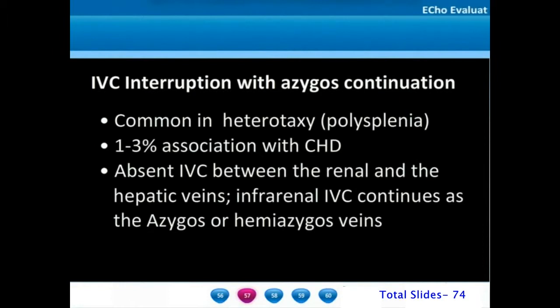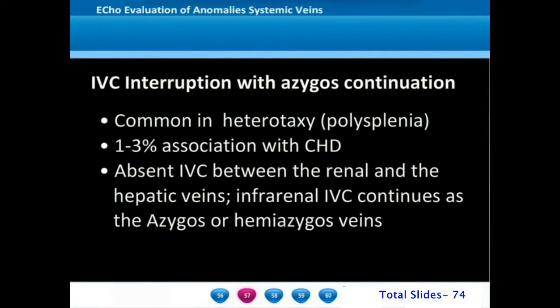Sometimes the inferior vena cava can get interrupted in the suprarenal portion, and the inferior vena cava may continue as the azygous vein towards the superior vena cava. This is commonly seen in heterotaxy polysplenia associated with left isomerism. In congenital heart diseases, this abnormality is seen in about 1 to 3% of the patients.